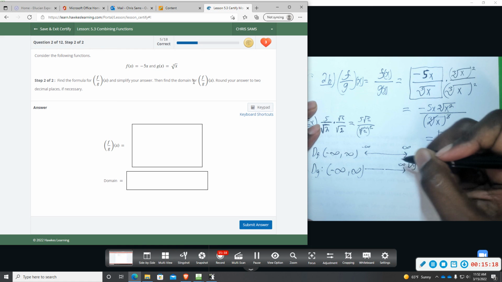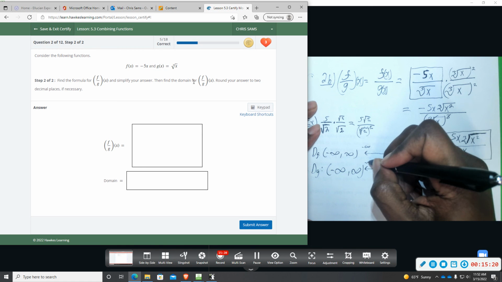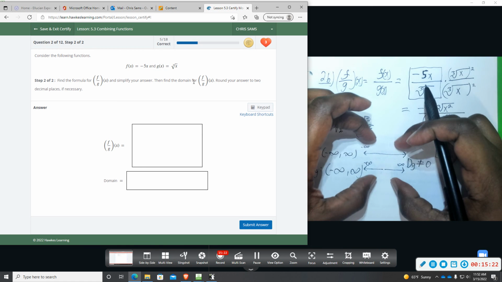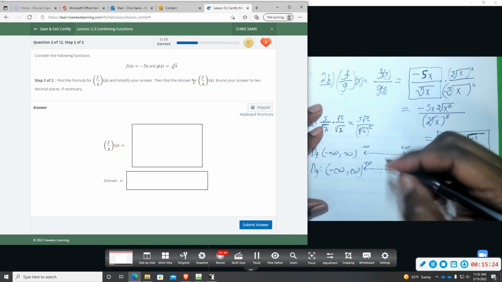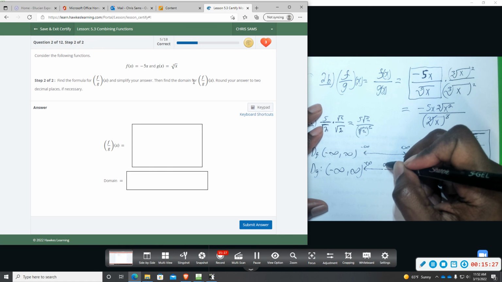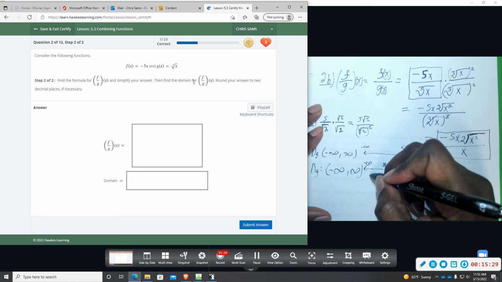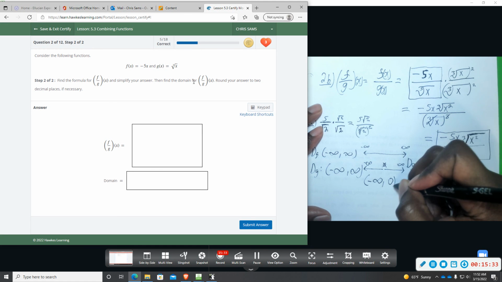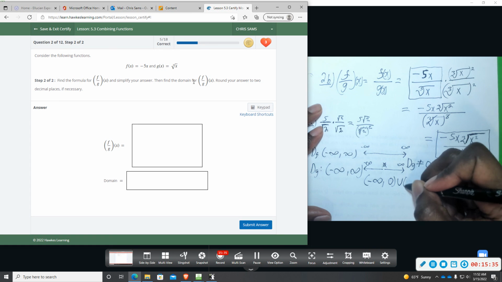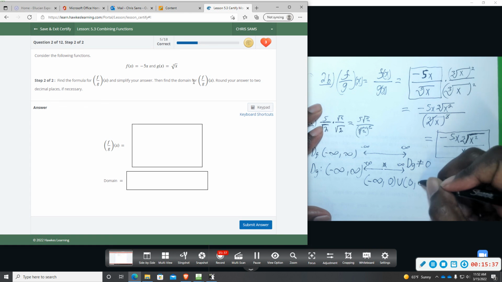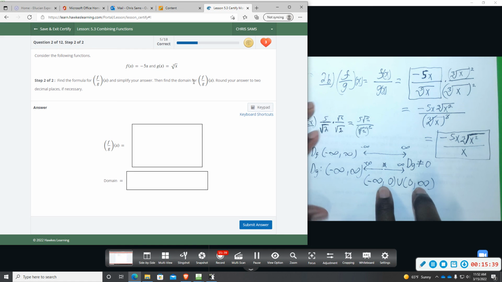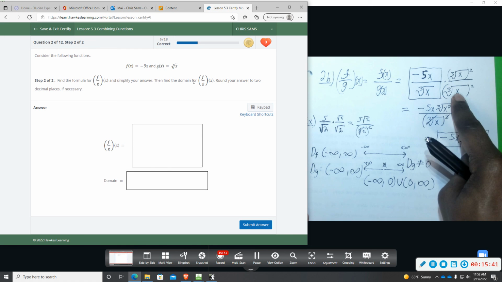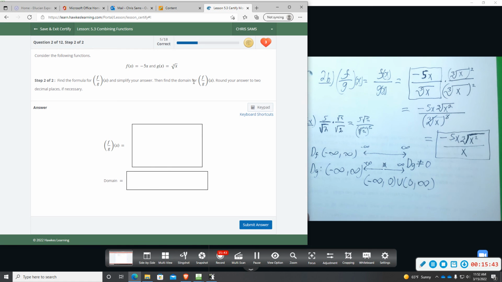So when I match these up, they intersect everywhere except for this 0 point that's missing. Okay, so that means our domain is negative infinity up to 0, and then we have to do union 0 to infinity. We have to remove that point that makes the denominator 0, which in this case would be 0.